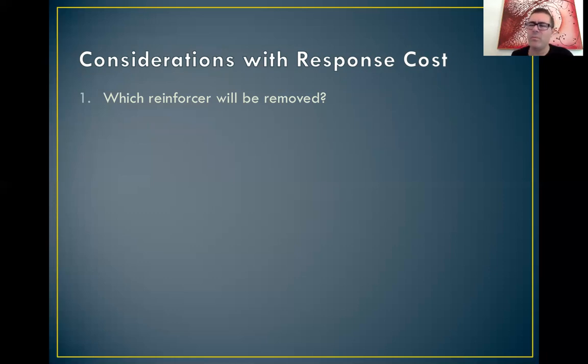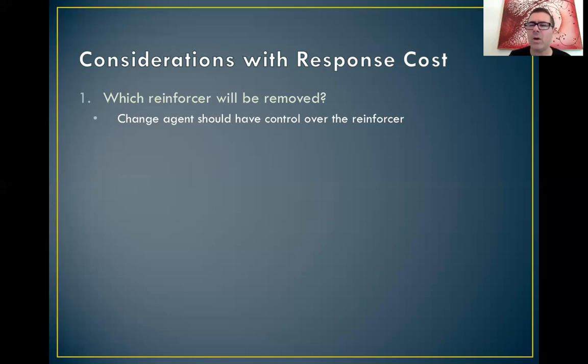You have to remove something that is valued, in which the removal will function as a form of punishment. So you have to have control over that reinforcer, right? Again, we talked about the example of the kid cursing while playing video games, and in the example we gave last week, mom may put the kid in timeout, removing the kid from the reinforcing environment.